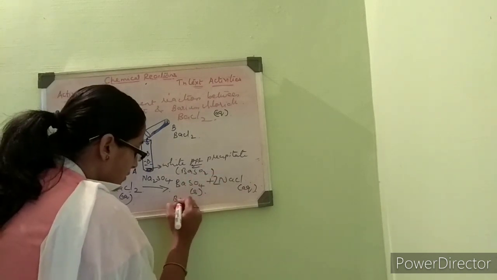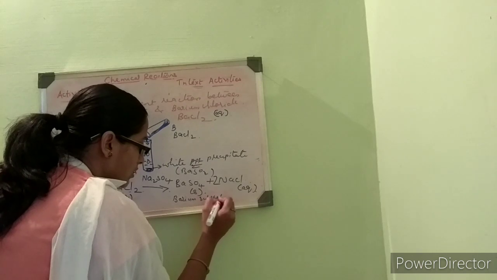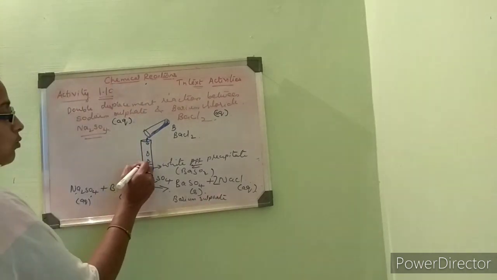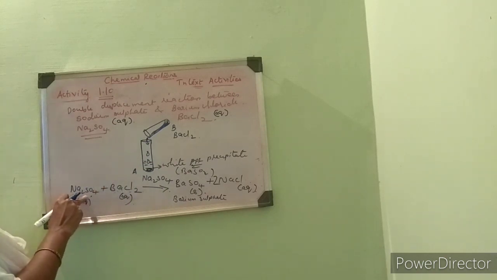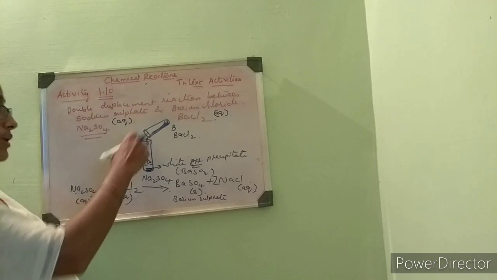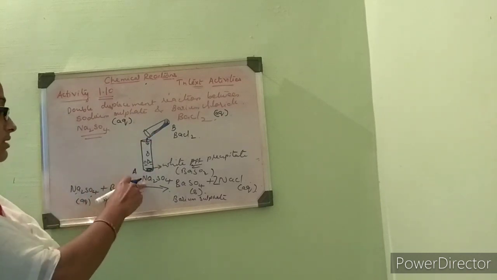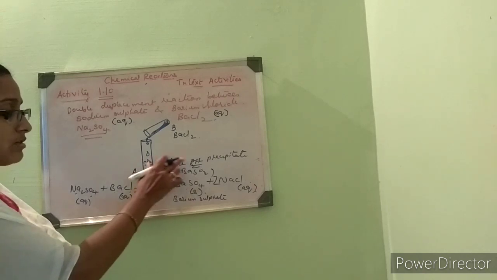So it forms barium sulfate. And what is the solution that is now? This was a solution of sodium sulfate and barium chloride was added to it. Now you can see that the product has become barium sulfate, which is a white precipitate.